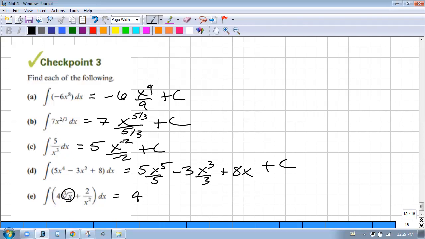This is x to the 1/3 power. So if I add 1 to 1/3, I get 4/3. Here I have a 2. This is x to the minus 2, so I'd have to have an x to the minus 1. Y'all getting it? It's done like the exact same thing like 900 times.